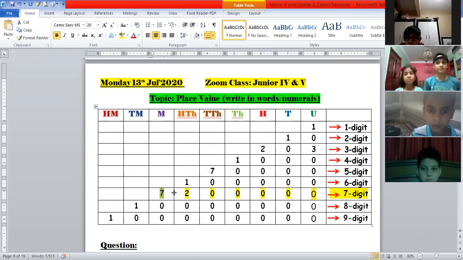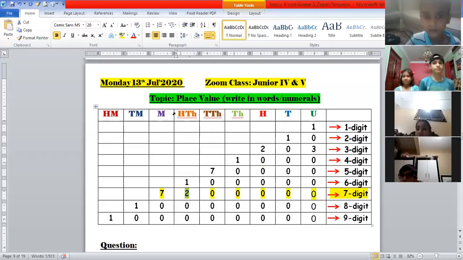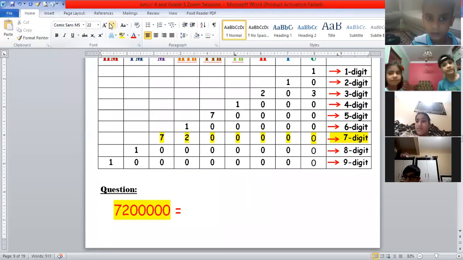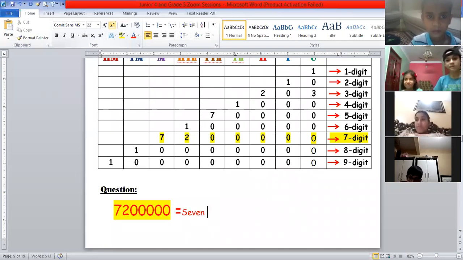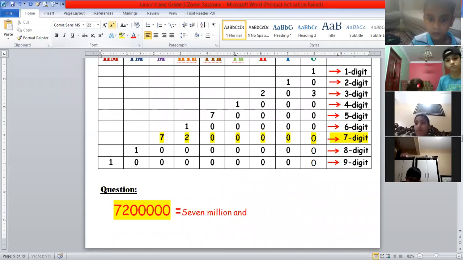7 million. Then where is this 2 standing? That 2 is standing on the 100,000 place. So we will write 200,000. We'll write it like this: 7 million and 200,000.